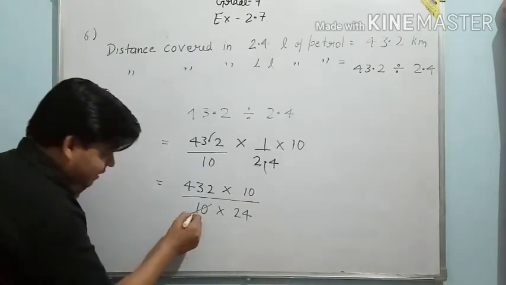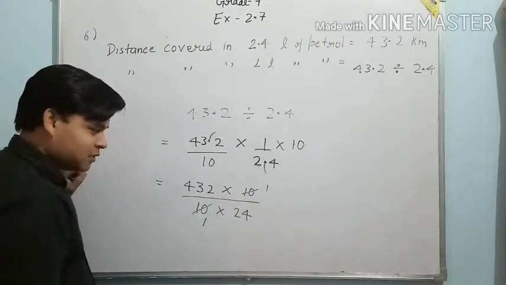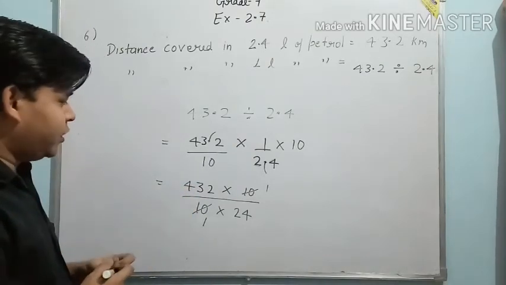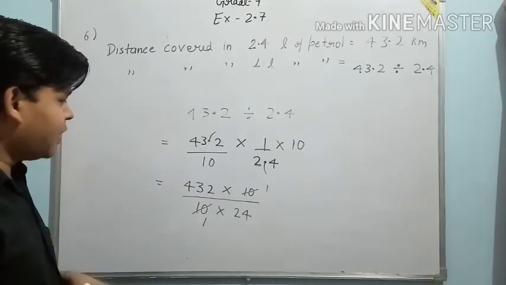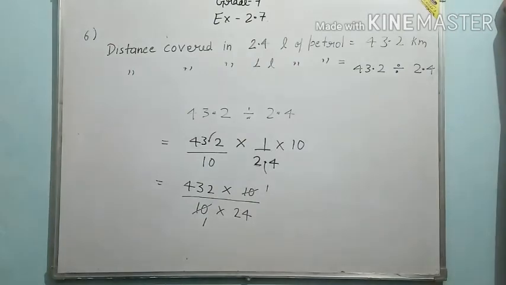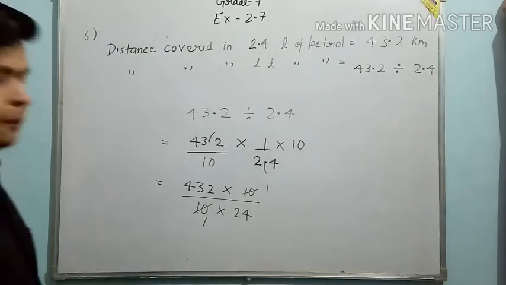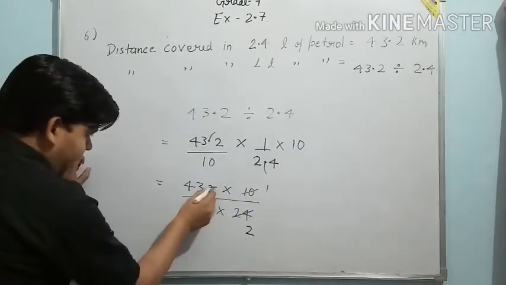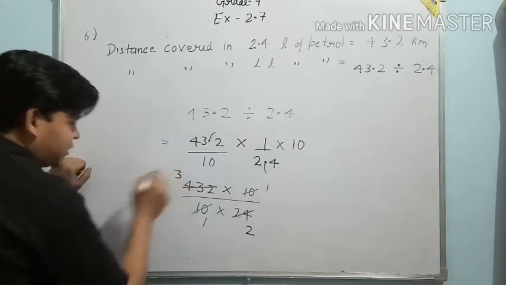Here we can cancel 10 and 10 one time, and let's cancel 432 and 24. Then we will come to know whether these numbers are divisible or not. I think we should check this by 12. Let's check: 12 2 times 24 and 12 3 times 36.